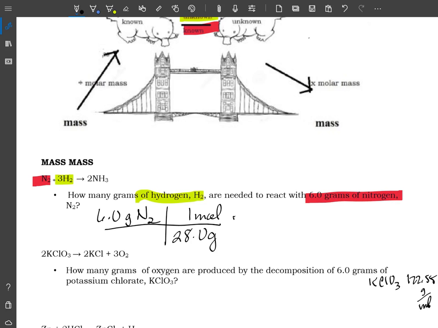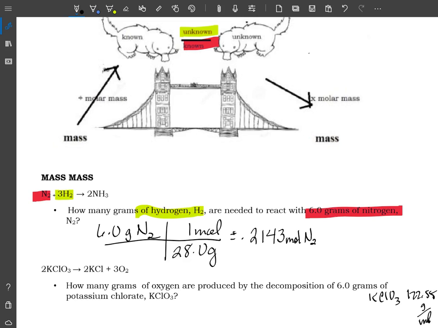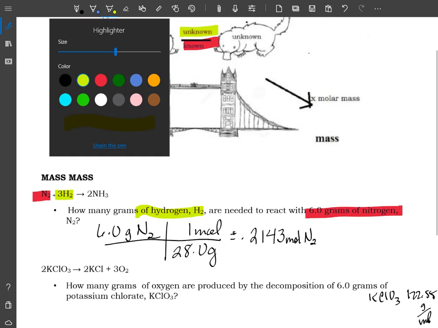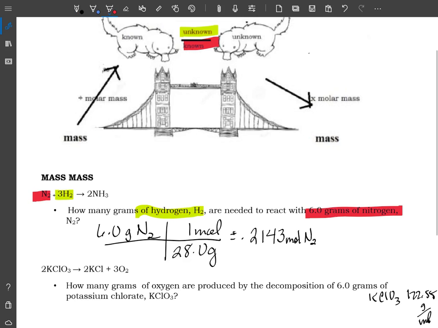So if I take 6 divided by 28, I get 0.2143, putting some extra sig figs in there, moles of nitrogen. So now I've effectively gone from mass to moles. I have moles that are known of nitrogen.